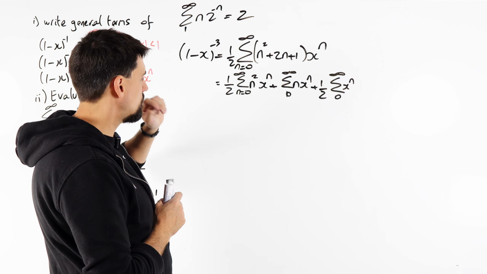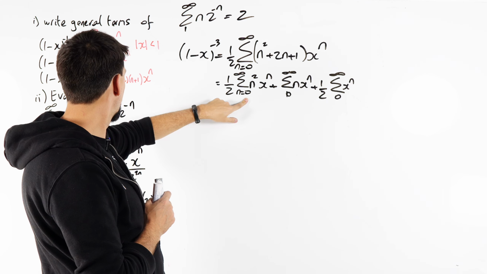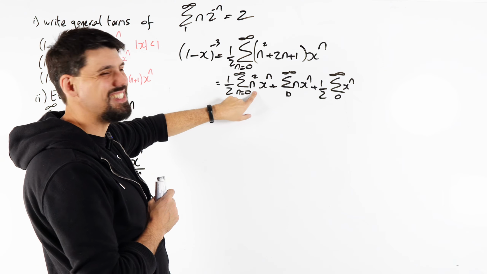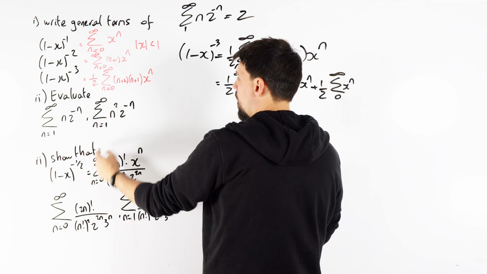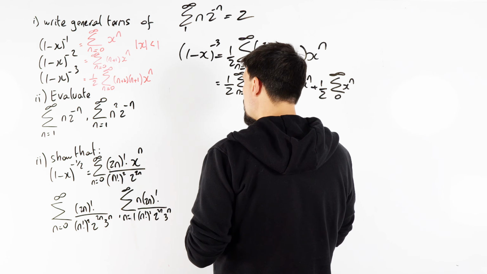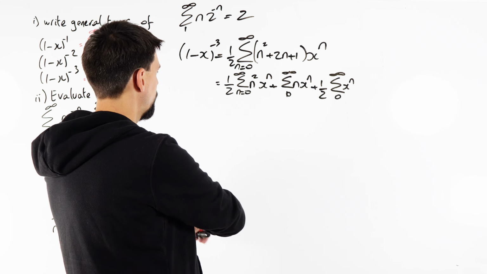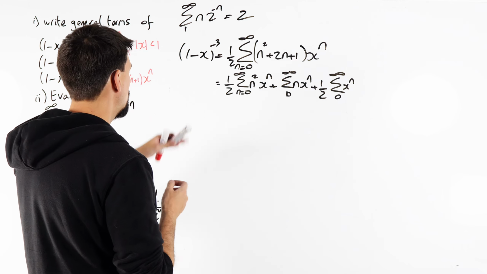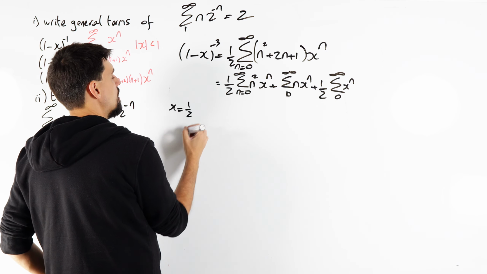Now what you'll probably notice is the 0th term here does nothing for me, which is why I'm going to go to 1 here. That's absolutely fine. So I don't even think we have to muck about too much. And funnily enough, we are also going to plug in x is a half.